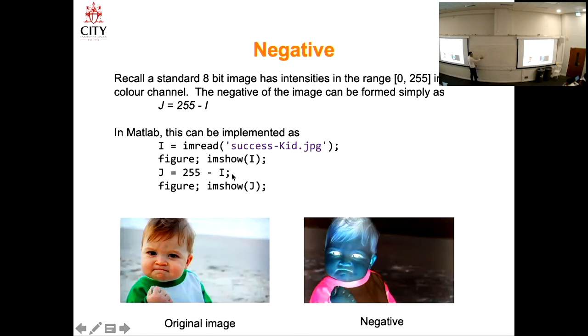This i is different from this I. Get the value, then I say 255 minus that value. And then I assign it to J at i, j, then end, and end. So this is this line.